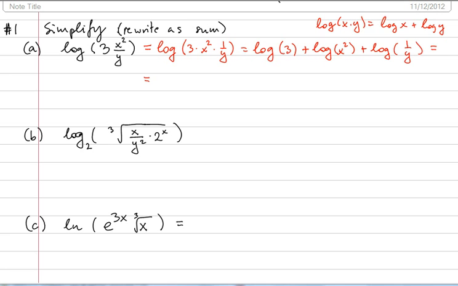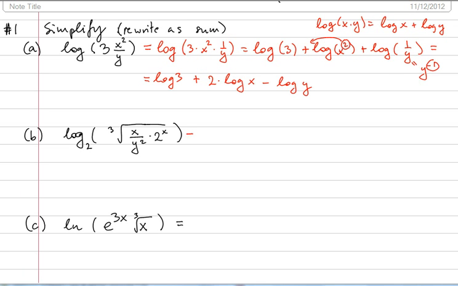So this is going to be log 3 plus, this is the exponent that comes out of the logarithm, so 2 times log of x, and here the exponent in 1 over y is negative 1, so it's negative 1 that comes out, and we have minus log of y, and that's the final answer.